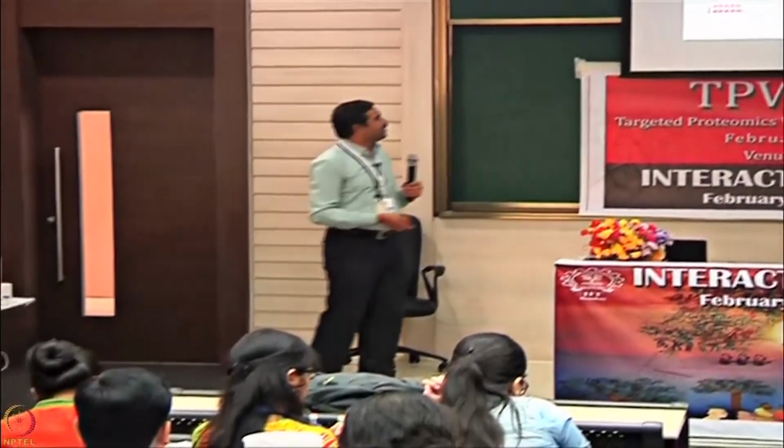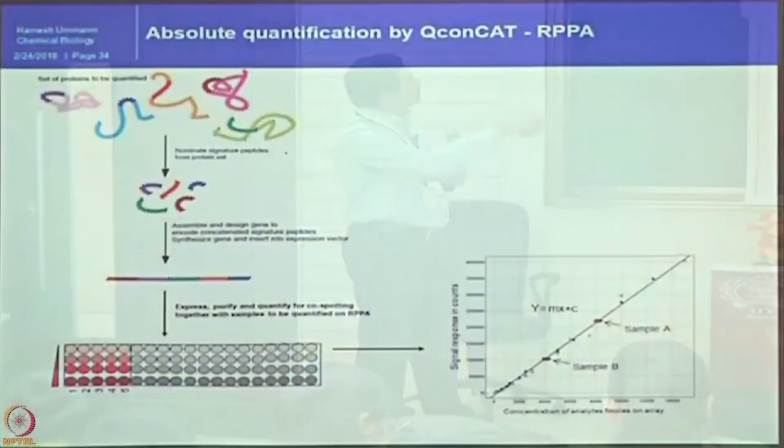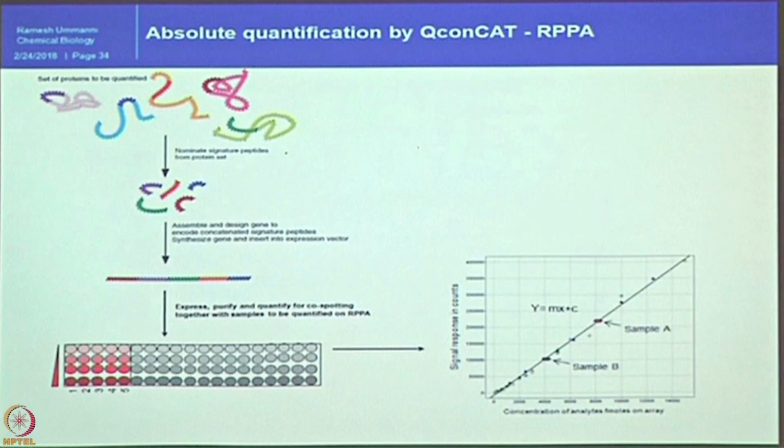This is definitely useful in all kinds of protein array approaches. You can develop a single fragment like this containing different epitopes, and those proteins can be printed as standards here in a concentration dependent manner, and then you can do the RPPA along with unknown samples.